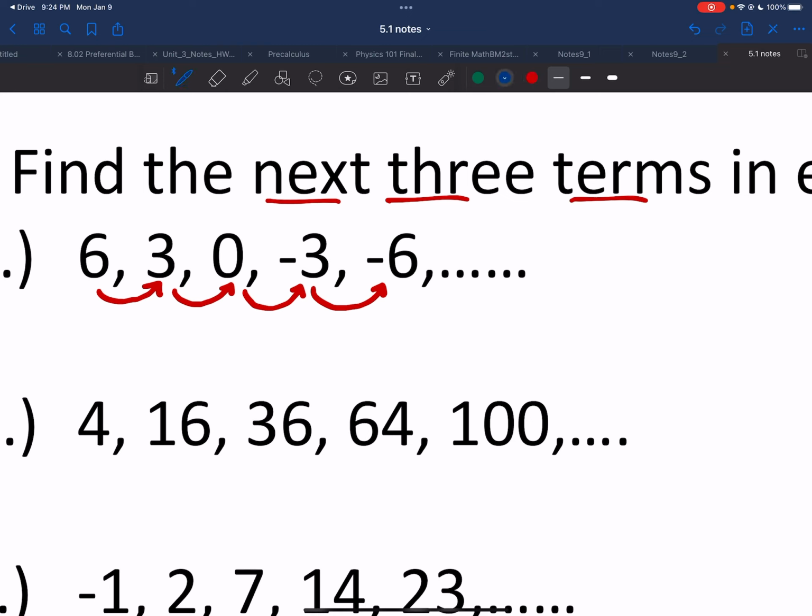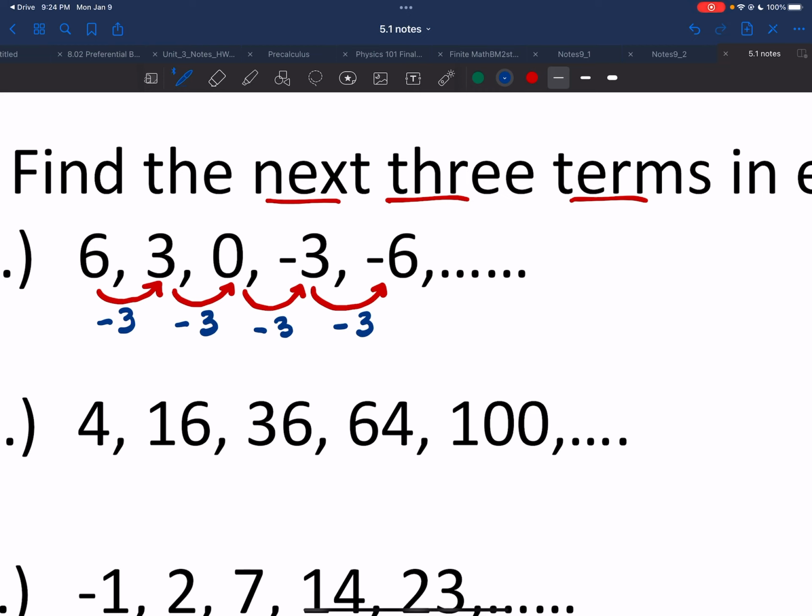If I go from 6 to 3, I'm subtracting 3. If I go 3 to 0, I'm also subtracting 3. If I go from 0 to -3, also subtracting 3. And then from -3 to -6, I'm subtracting 3. So this is a very predictable pattern that we can see.